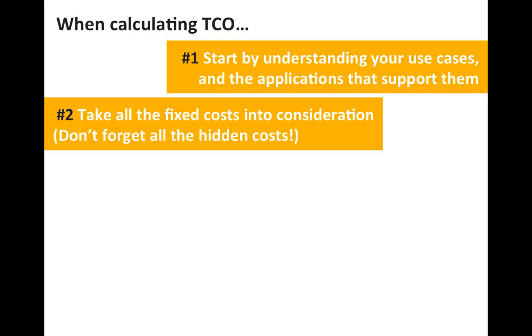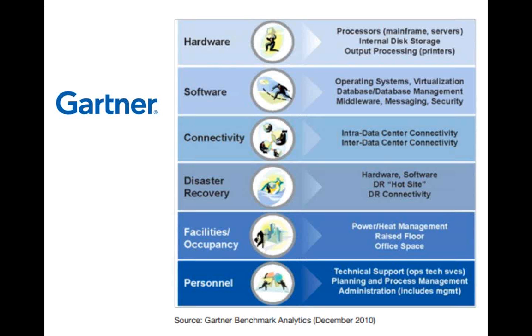So to help with that, we have other parties as well, for example, Gartner. This is a screenshot from a Gartner benchmark analysis. And you can see here it points out many different aspects of TCO. Now, most people will be aware of the top of the stack, hardware and software.